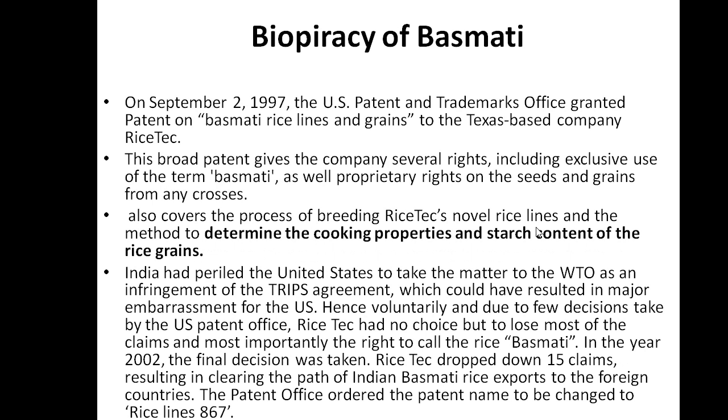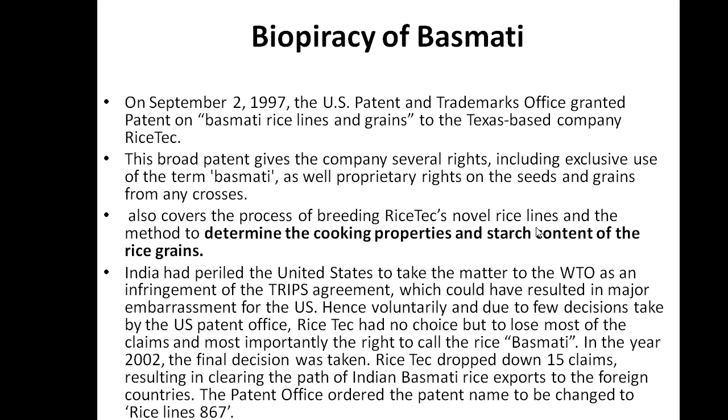And basmati also: on September 2, 1997, the US Patent and Trademark Office granted patents on basmati rice lines to the Texas-based company RiceTec, which claimed to have determined cooking properties and starch content of rice grains. India also threatened to take the matter to the WTO as an infringement of the TRIPS agreement, which could have resulted in major embarrassment for the US.